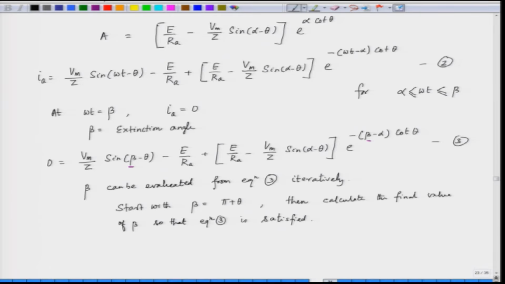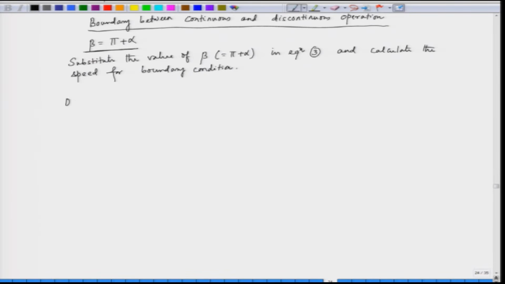So, 0 is equal to V m by z into sine of pi plus alpha minus theta, minus E by R A, plus E by R A minus V m by z sin alpha minus theta, exponential minus omega t, here we have got minus beta here.